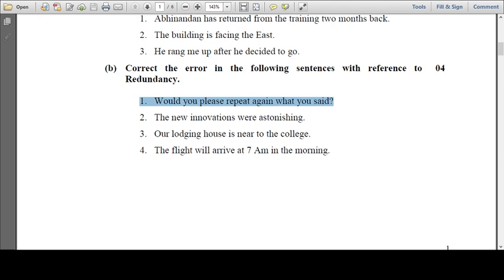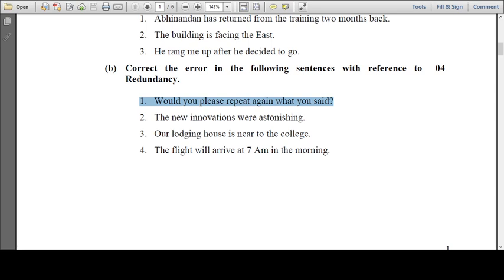Let me give you one answer so you can easily identify how to give the answer. This will be the answer. Would you please repeat what you said? Here we removed again. Why did we remove again?